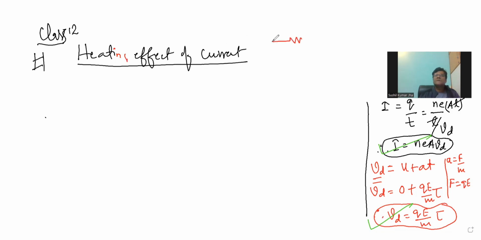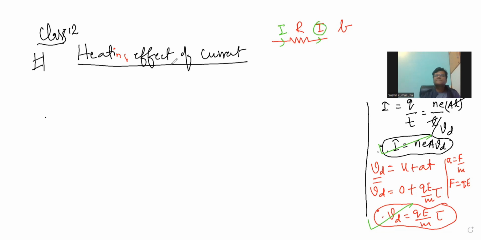Let us take a resistor R, and it has current for a certain time t, which means, from Ohm's law, how much work is done to transfer this current in a certain time t.